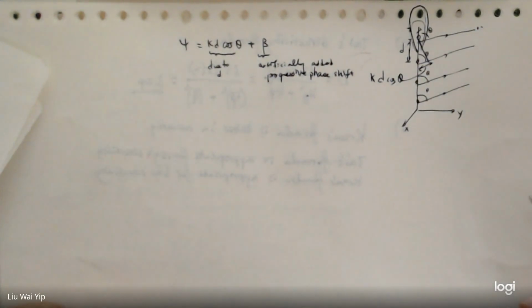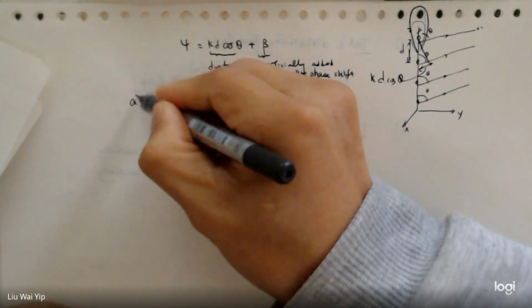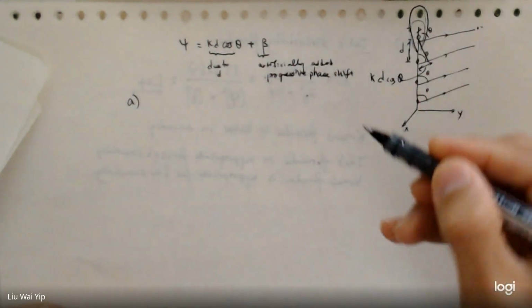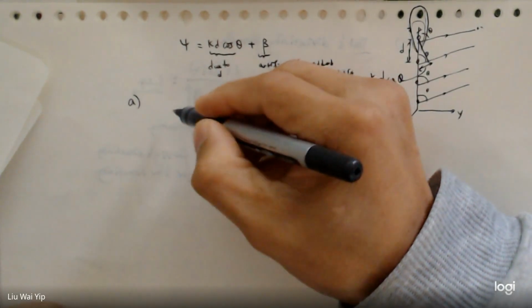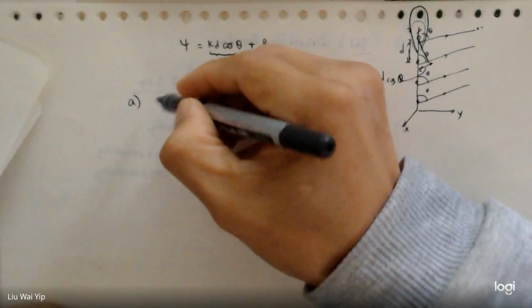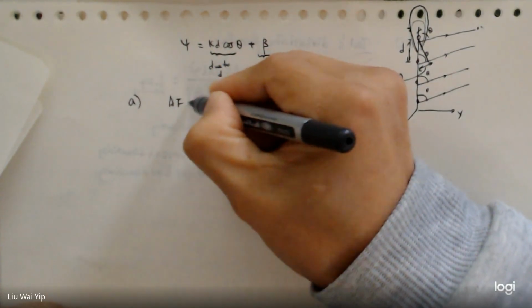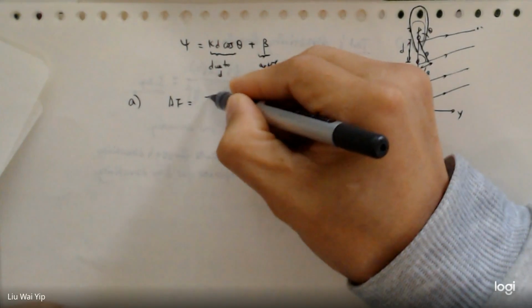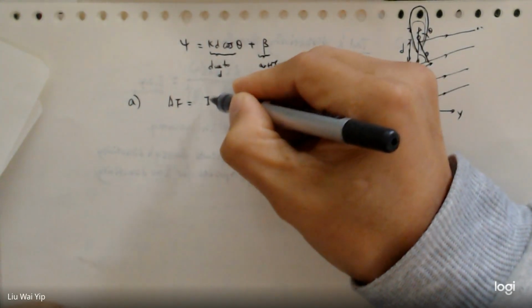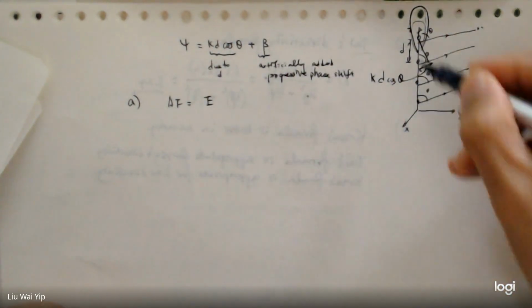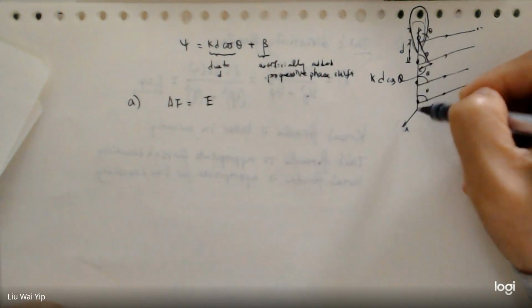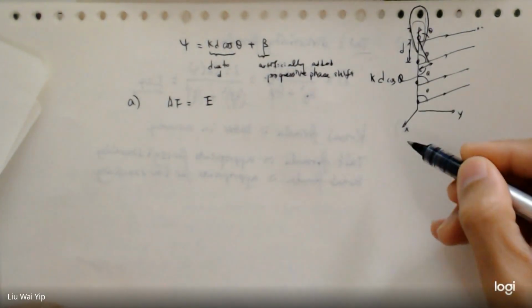Now part A of the question asks for the general expression of the array factor. The array factor is going to be the summation of this element, this element, and that element, when we add them together.